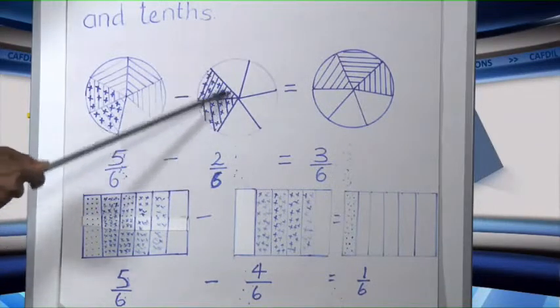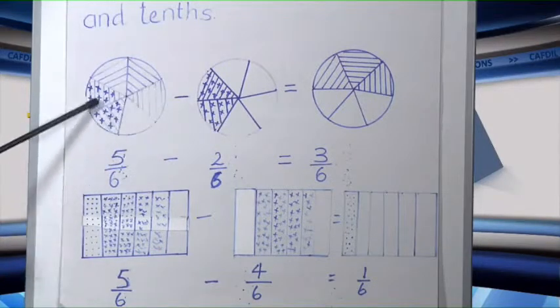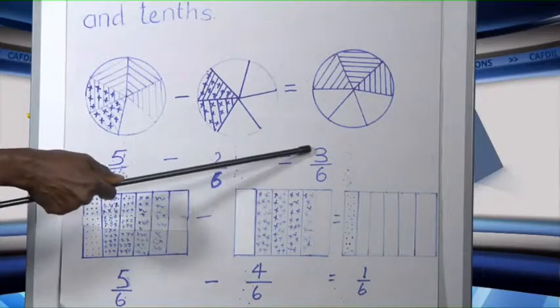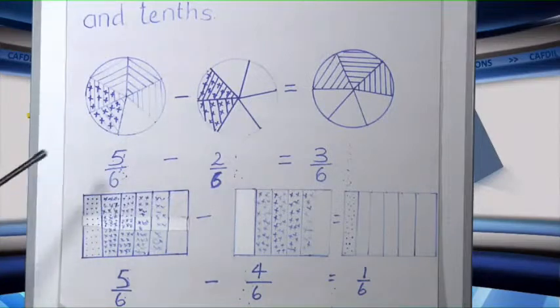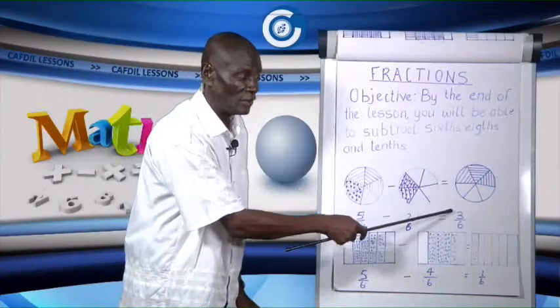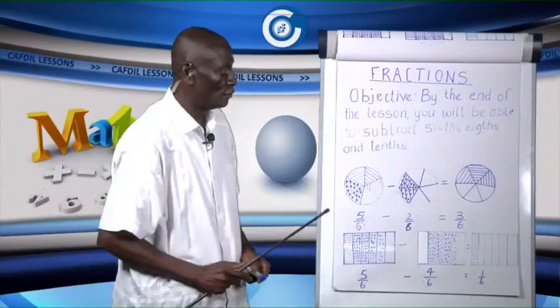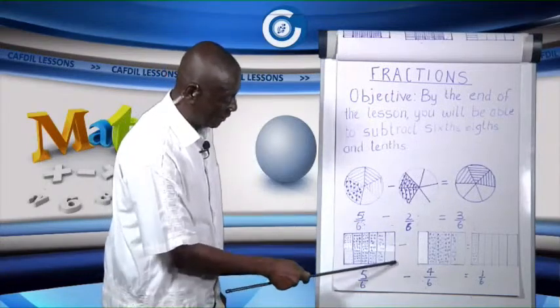So when you take the 2 parts of this kind from the 5 parts in all, you have 3 parts of this kind left. So 3/6. So 5/6 minus 2/6 is equal to 3/6. Good.